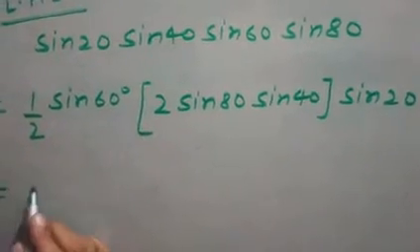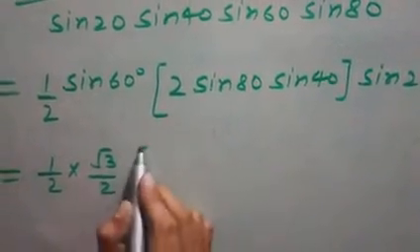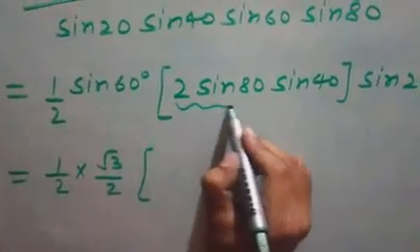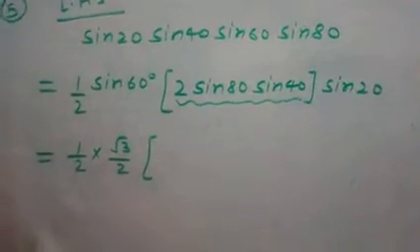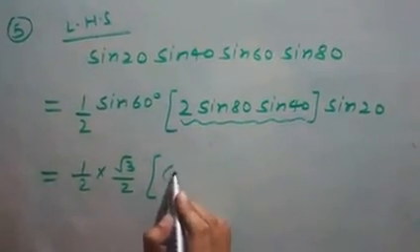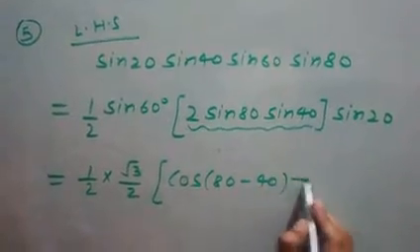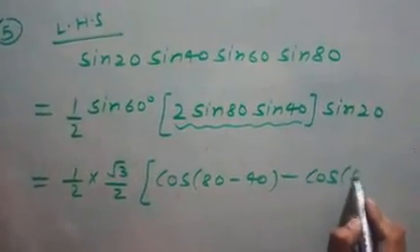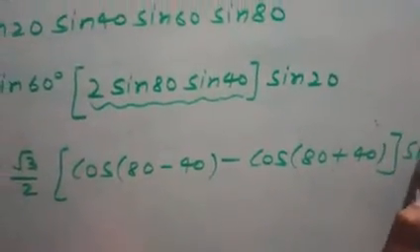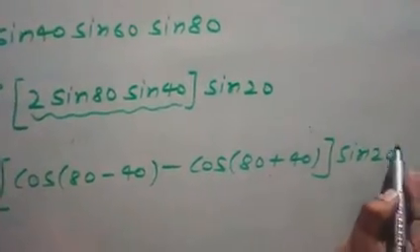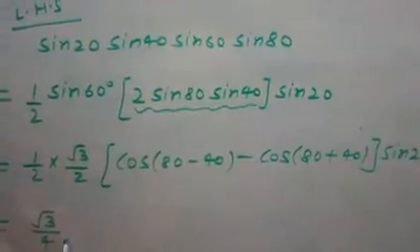Now 1 by 2, the value of sin 60 is root 3 by 2. Here we have to apply the formula of 2 sin A sin B, and the formula is cos (A minus B) minus cos (A plus B). Then we have to write sin 20. Now that is root 3 by 4.